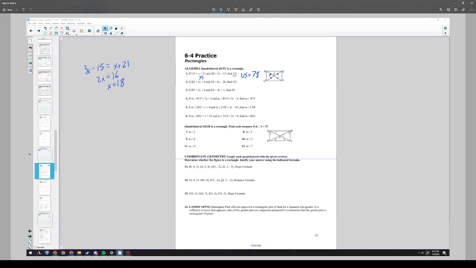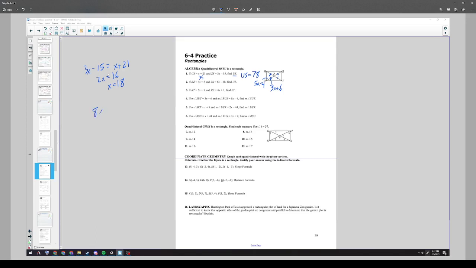Let's go down to one about angles. It says the measure of angle SUT, so that's here, is equal to 3x plus 6, and RUS here is 5x minus 4. Those two form this corner of the rectangle, so they must add up to 90 degrees. They're complementary.